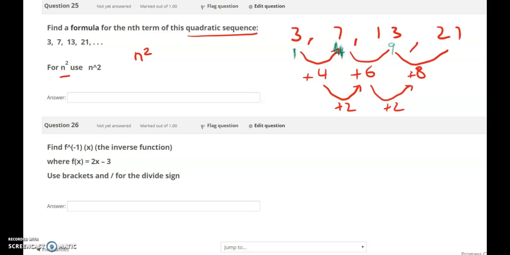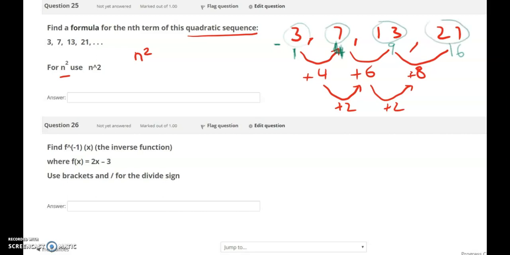The fourth one is 16. So what I want to do is take away these square numbers from the numbers we had at the top, the numbers we had in the sequence.